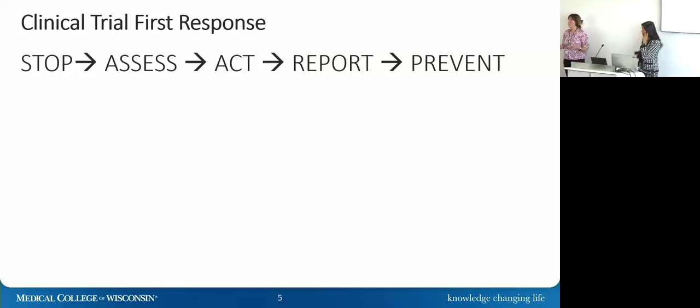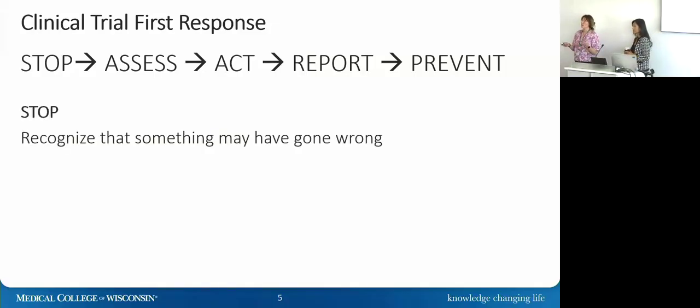And you really want to do it in that order. So first, stopping, recognizing that something may have gone wrong. If you feel like suddenly you're recognizing a pattern of things, talk to someone about that, like, hey, I think this might be a problem. I think this isn't going right. Or you might say, I just looked at this protocol and I realized I think I've been doing this wrong for the first few subjects.